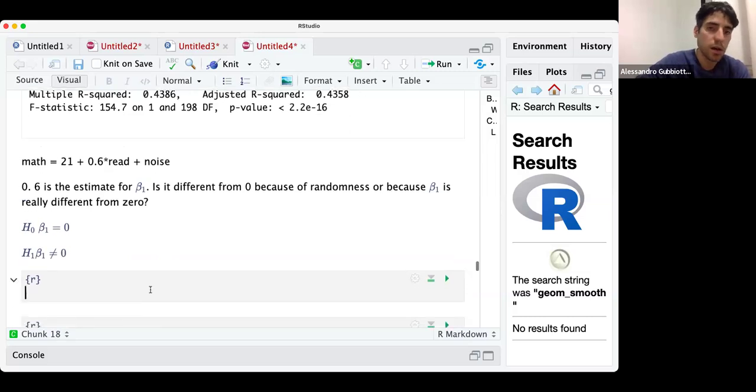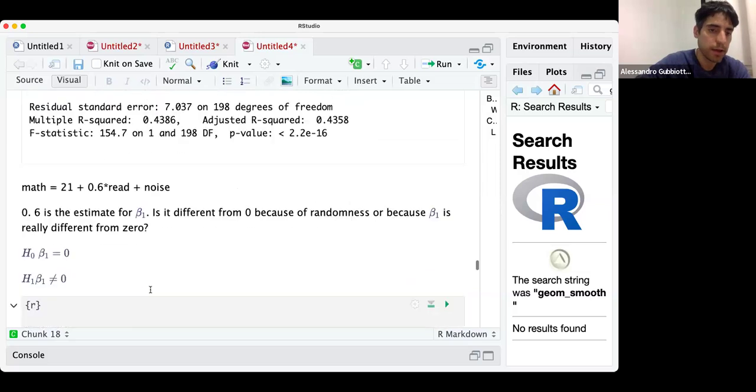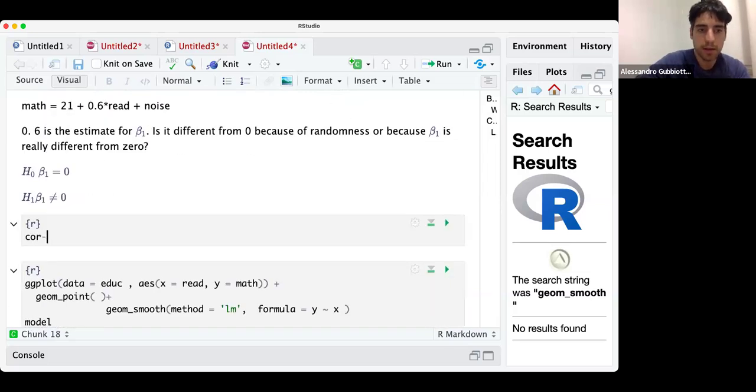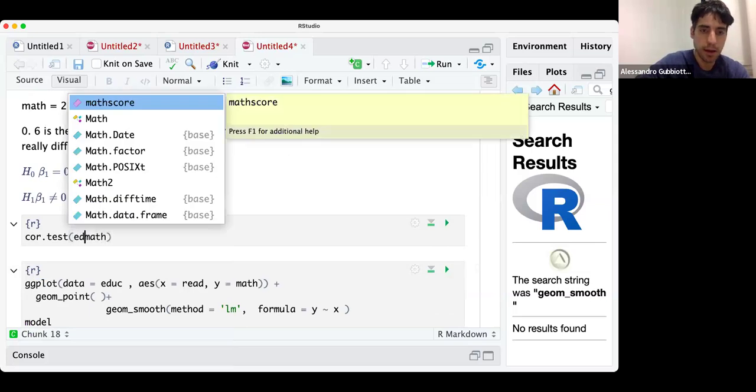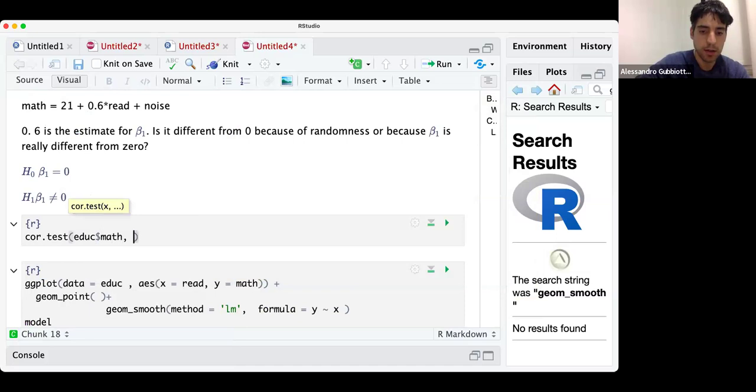So yes, we can do the cor test between the math score, educ math, and educ read.